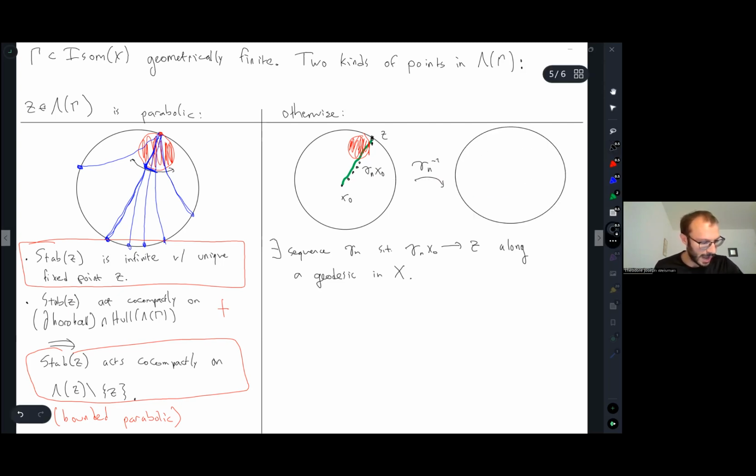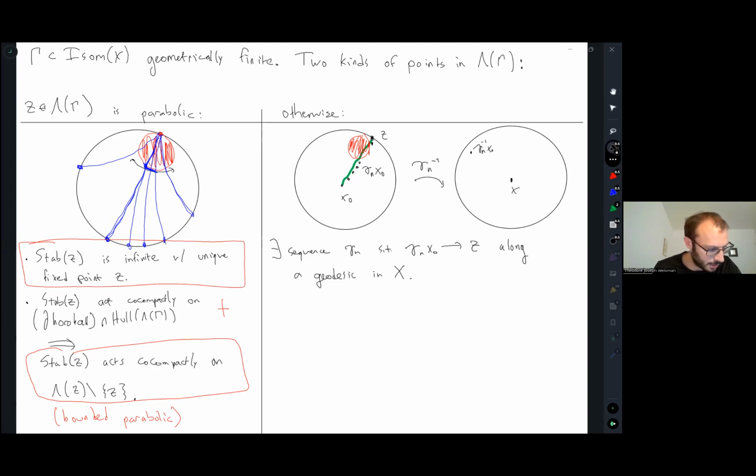So what happens if I do this? Well, when I apply gamma n inverse to this picture, maybe x naught goes all the way over here. But the point is gamma n x naught, sorry, gamma n inverse x naught, gets sent to some point, my original base point x naught.